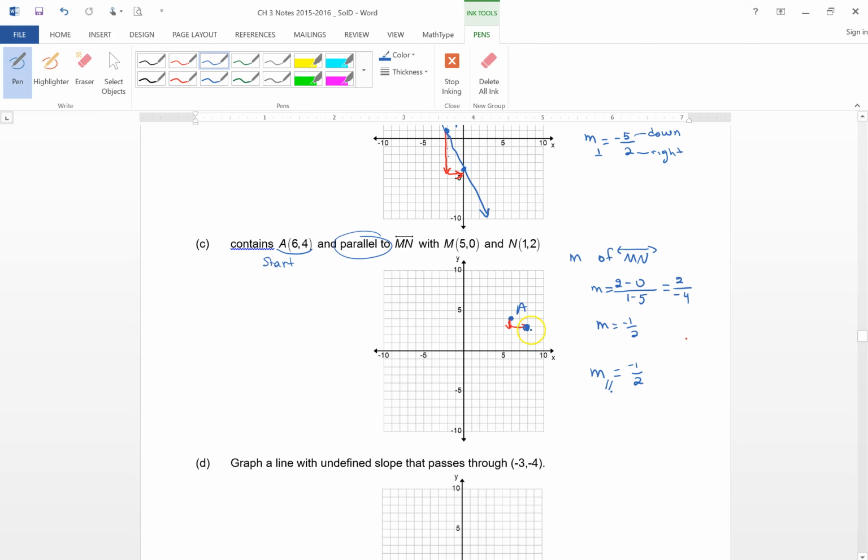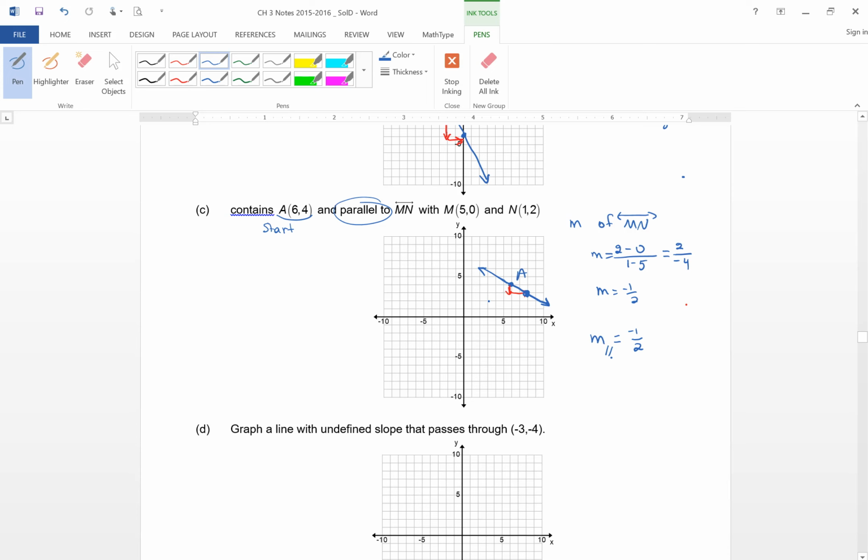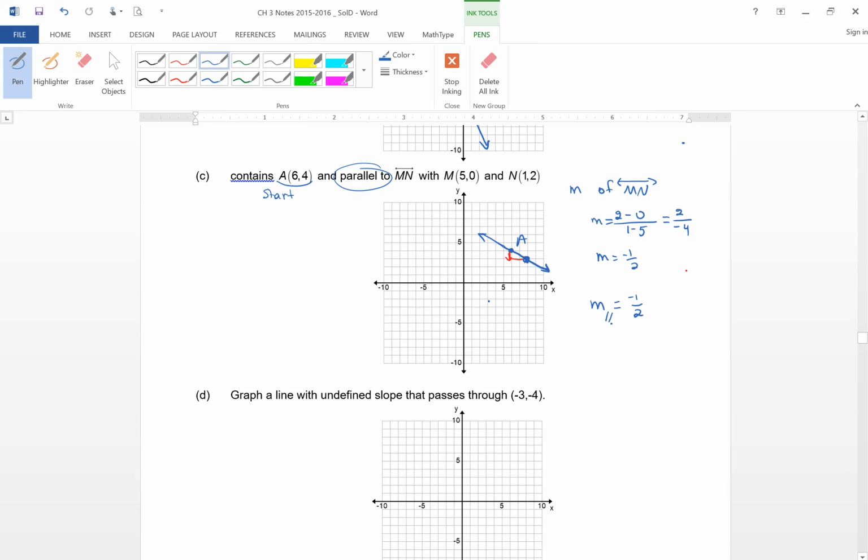Okay? So it will look like this. And do extend it a little bit more, those lines.